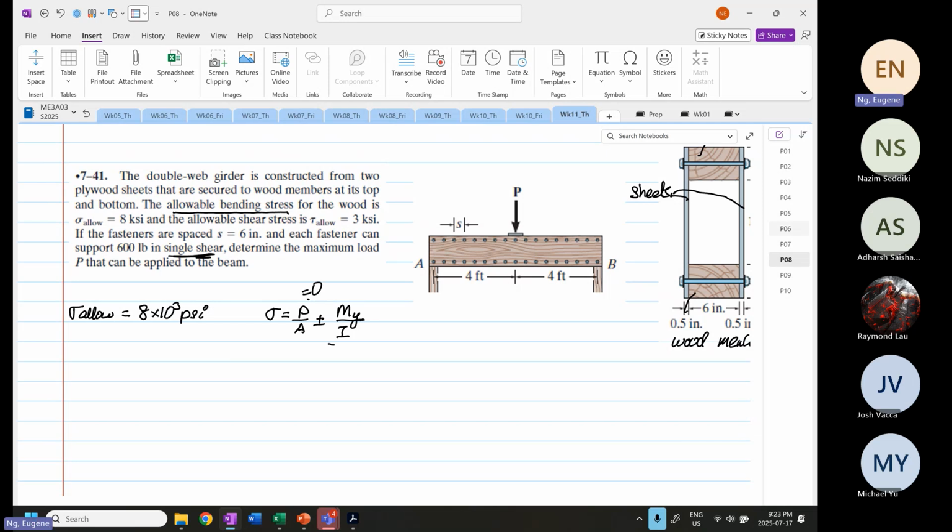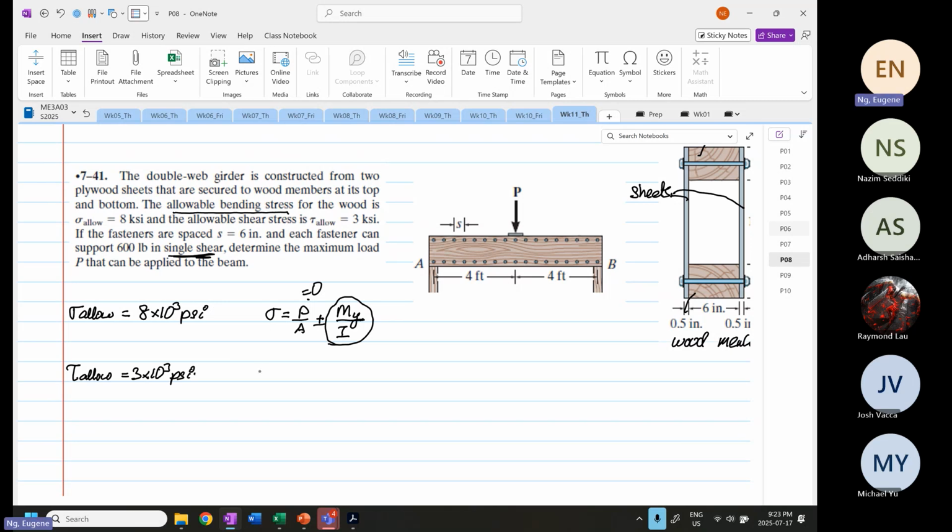So one of the failure modes is My over I. It's very clear cut. Then the next one given to us is the allowable shear stress, which is equal to 3 times 10 to the power 3 psi.